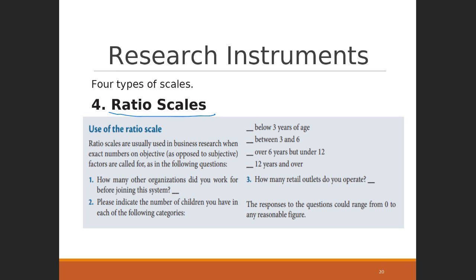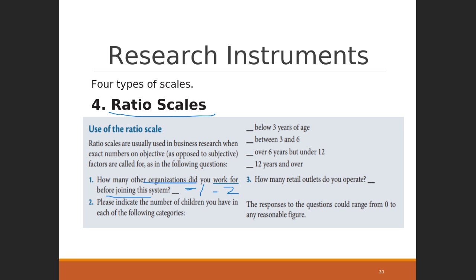For instance, how many organizations did you work for before joining the system? Now you want an exact answer. This number could range from 0 to 4 or 5 or 6 or 10 to any reasonable figure. The answer can never be -1 or -2.